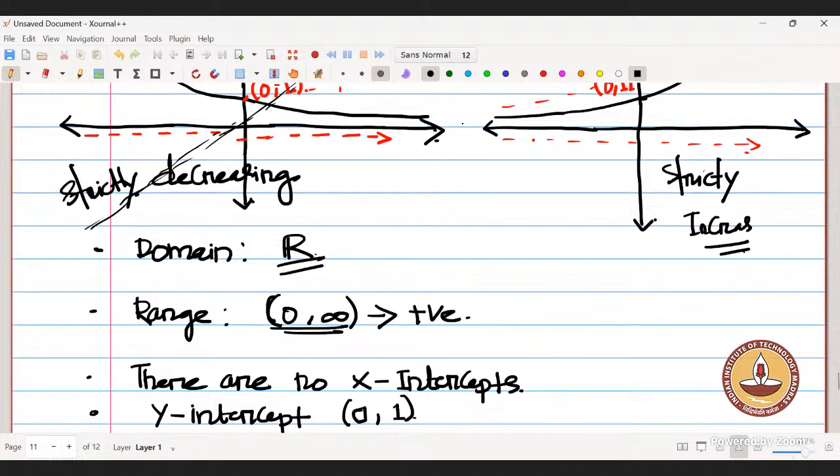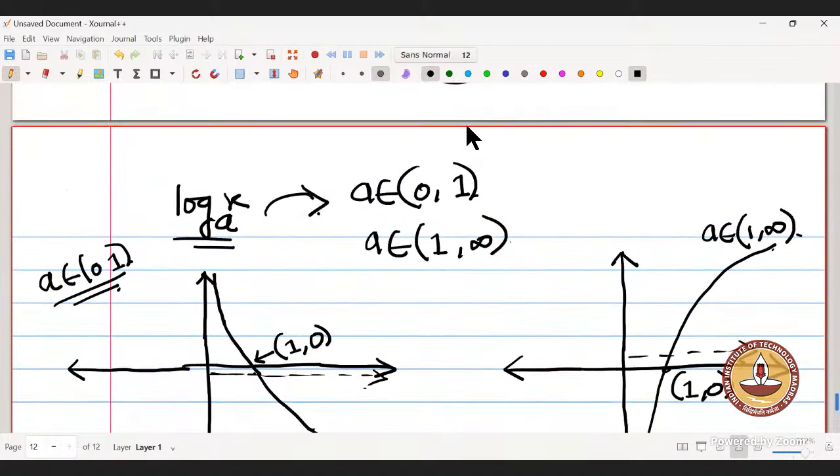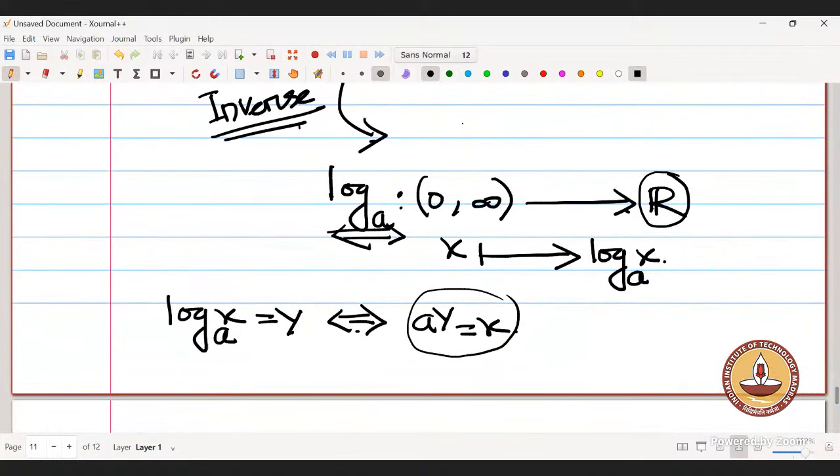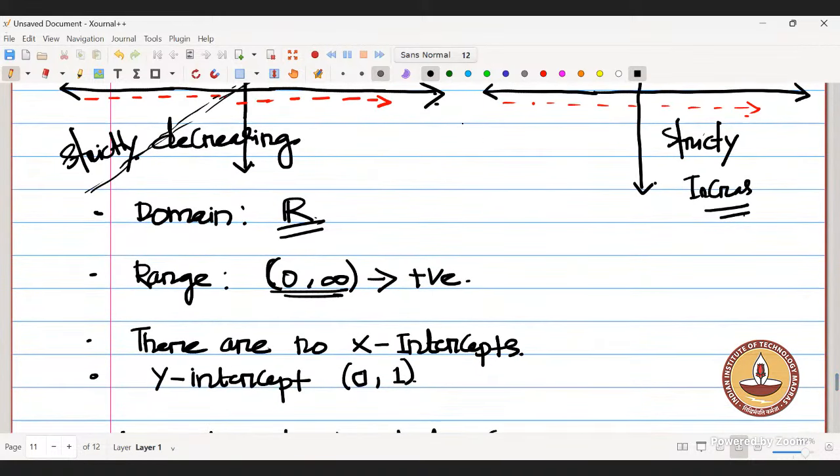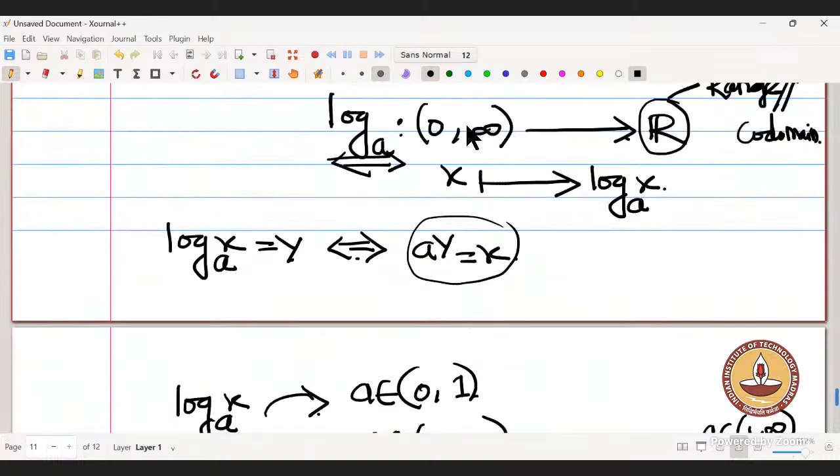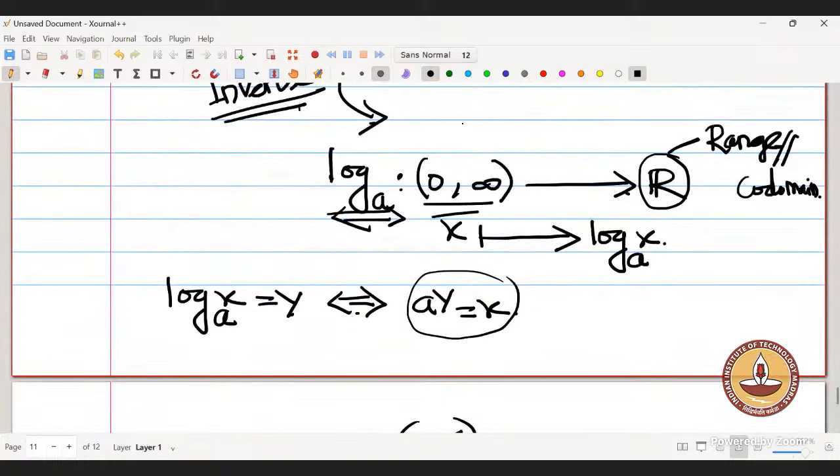R, right? So for the logarithm function, it will be the range of the function, or you can say the codomain. And if you consider the exponential, the range is 0 to infinity, and in this case the domain is 0 to infinity. So it will get reversed.